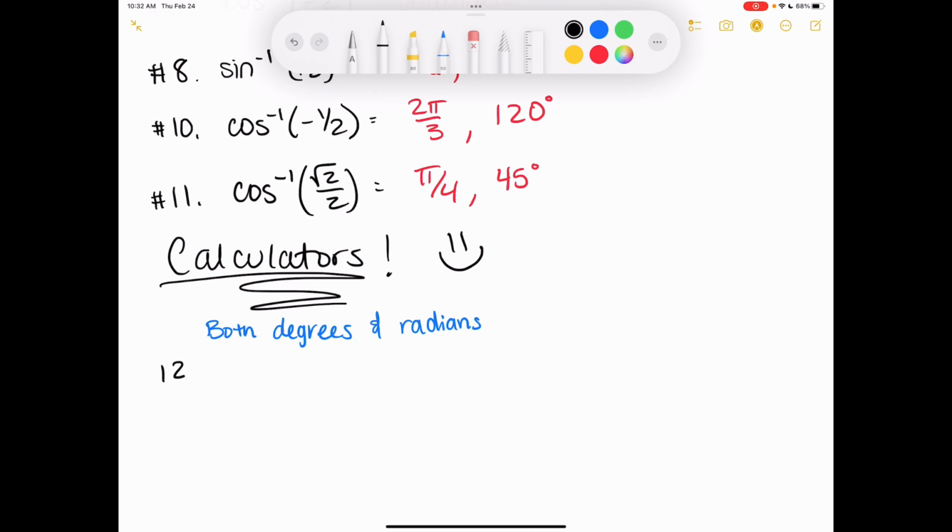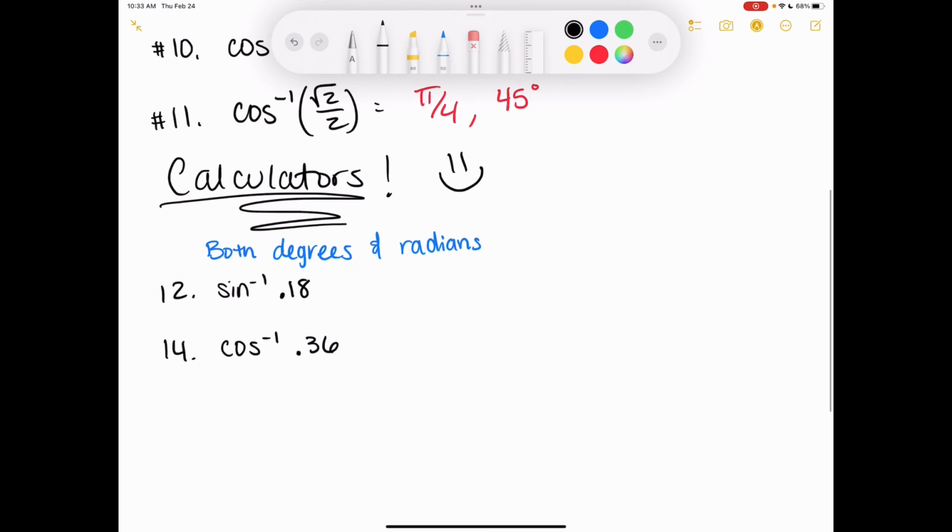So we're going to do 12, which is the arc sine of 0.18. 14, and I'm just going to write degrees first, then radians beside it. 14 is the arc cosine of 0.36. 16 is the arc tangent of minus 0.75.